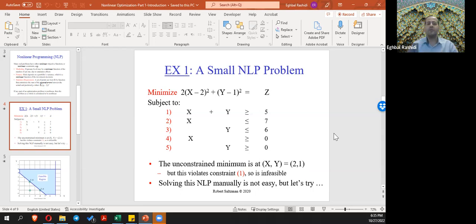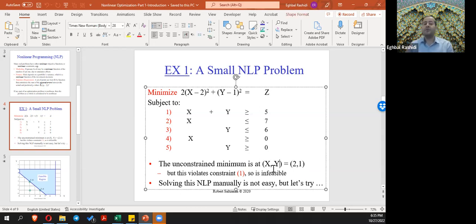So let's see how we can actually solve this. The unconstrained minimum is at x equal to 2 and y equal to 1. But this is the unconstrained minimum, which means it may violate our constraints. If you don't consider the constraints, you get the minimum when x is 2, which makes this component 0, and when y is 1, which makes this component 0.